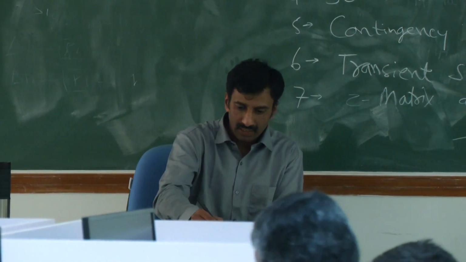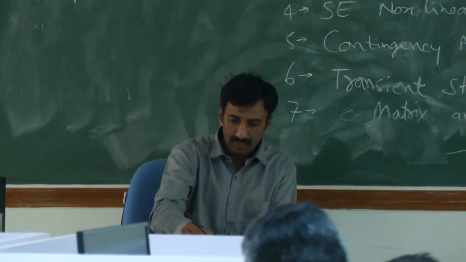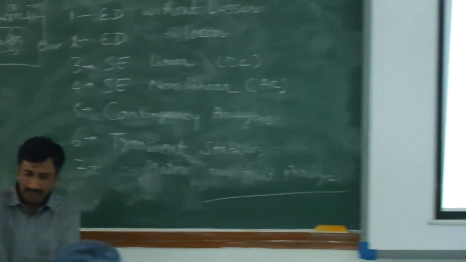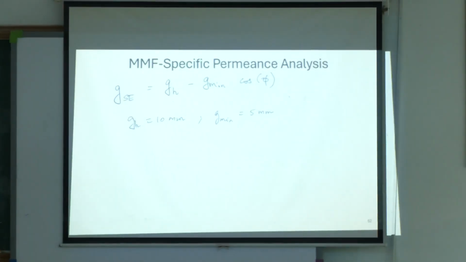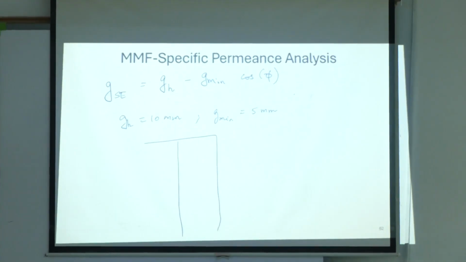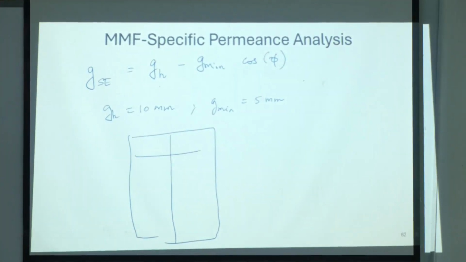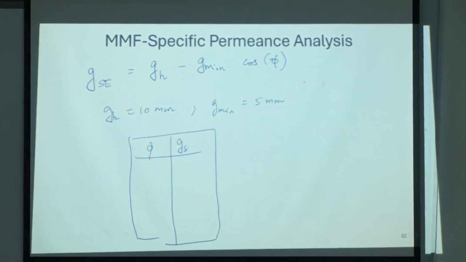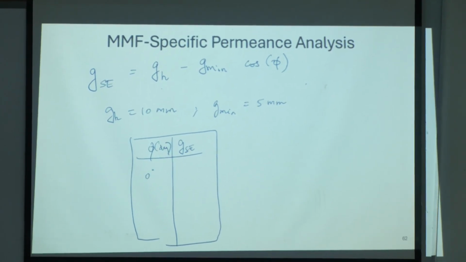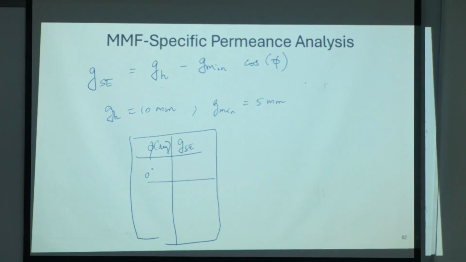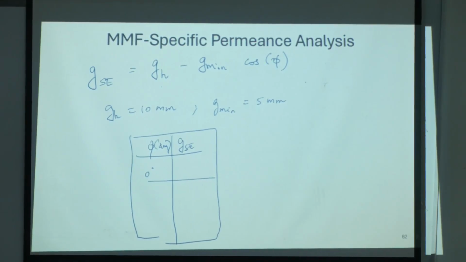So G healthy is 10 mm, G min is 5 mm. If we extrapolate phi versus G static eccentricity, when phi in degrees is 0, what is cos 0? 1.